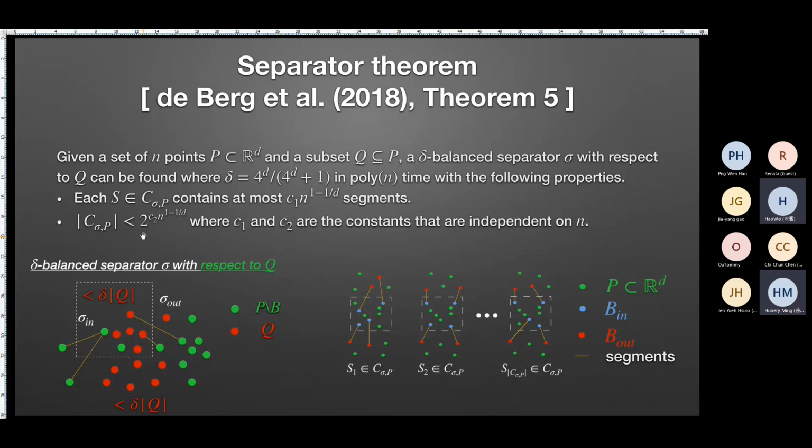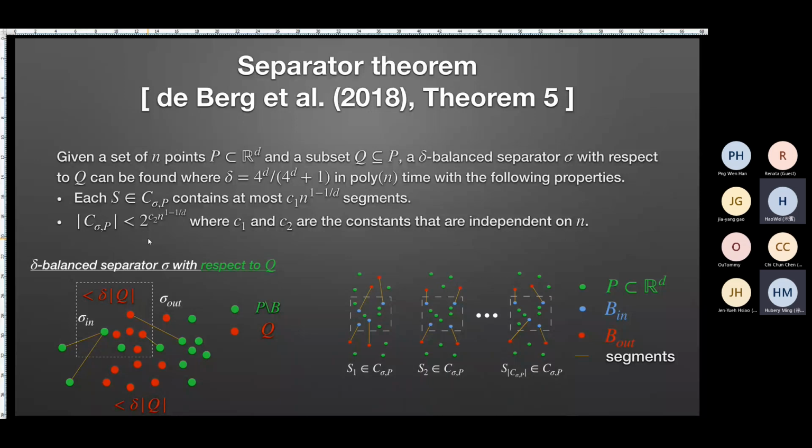Therefore, the separator theorem gives us an upper bound for this consideration, that is, an upper bound for the for loop in the divide and conquer algorithm.